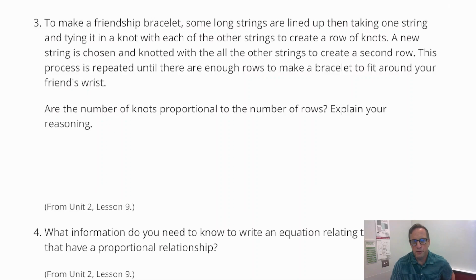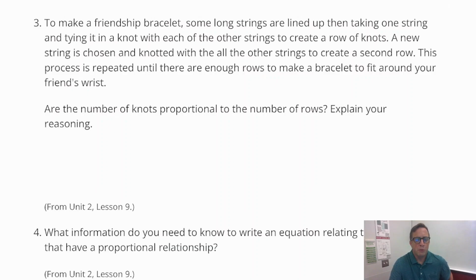But what I can kind of conclude here is that each row is going to have the same number of knots. Now it doesn't say how many knots. But it does say that it's going to have the same number of knots, right? So a new string is chosen and knotted with all the other strings to create a second row.